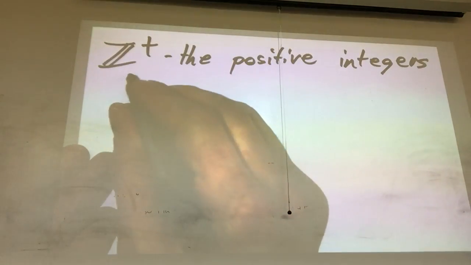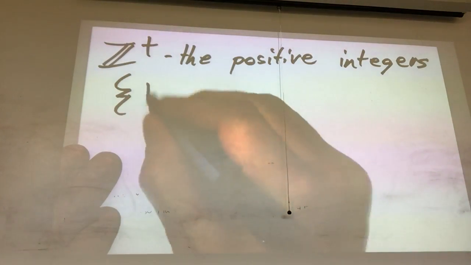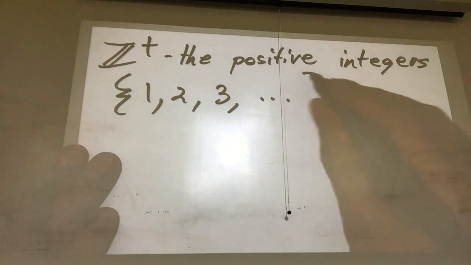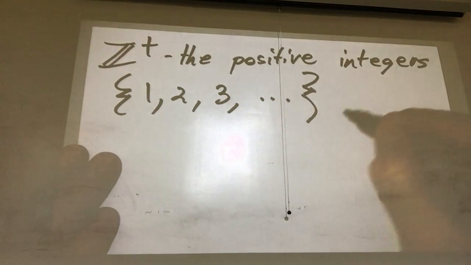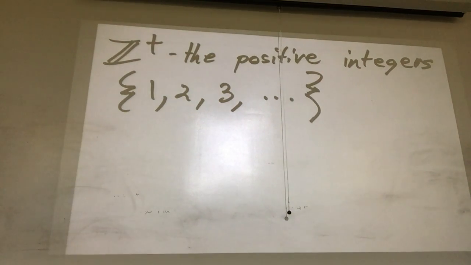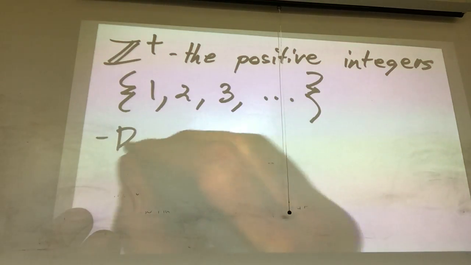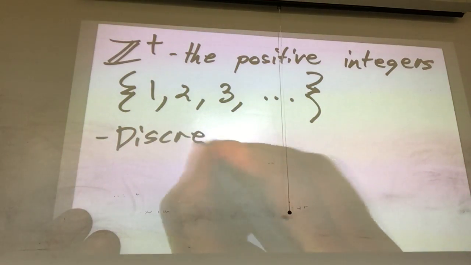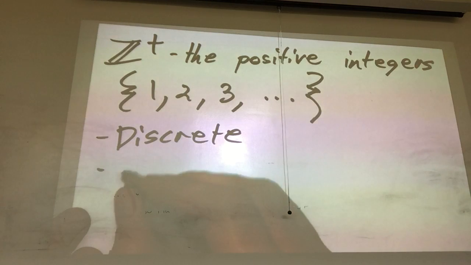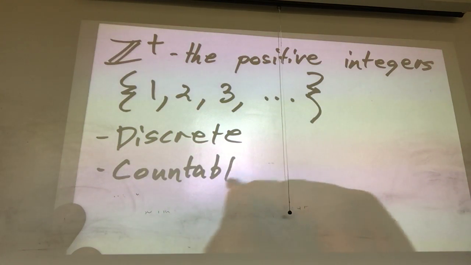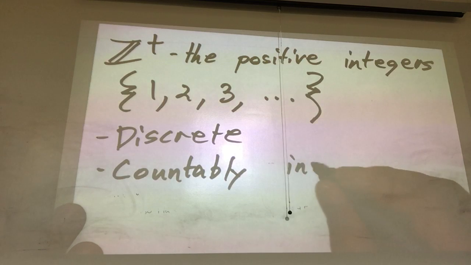And so that would be the set, so we're starting at 1 and counting all the way up to infinity. And so this one is discrete and countably infinite.